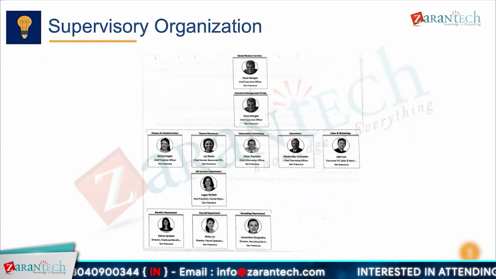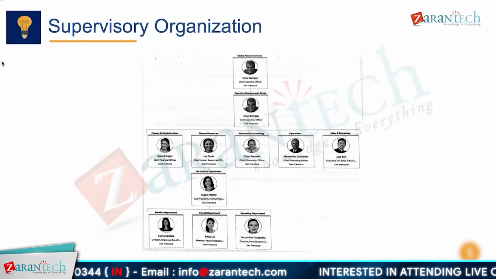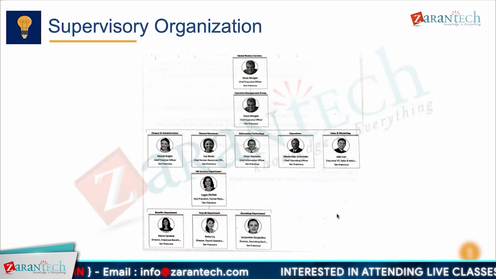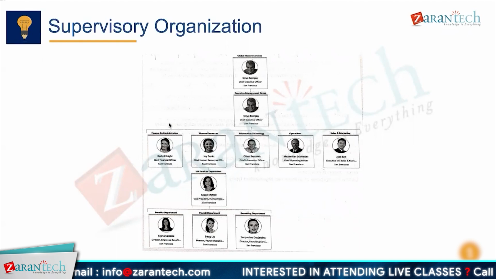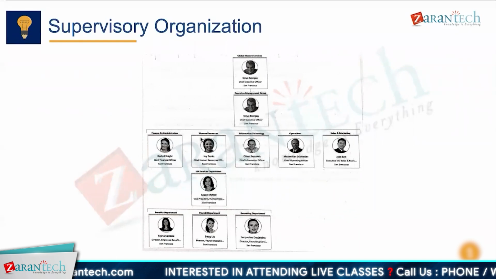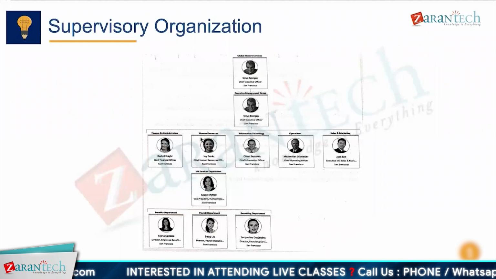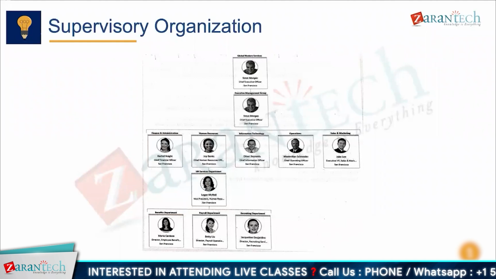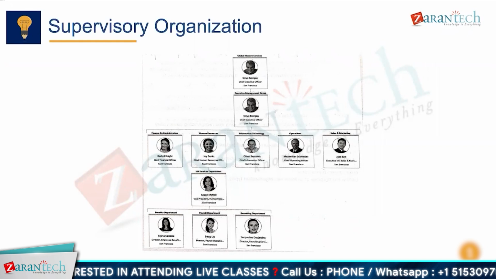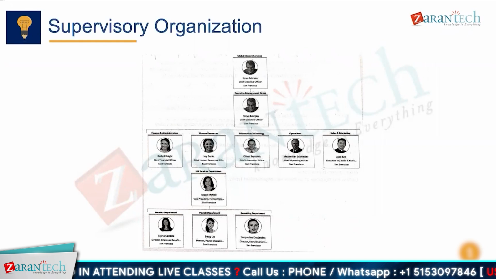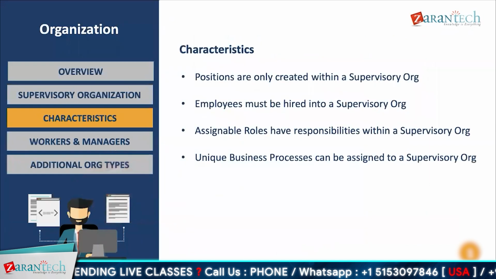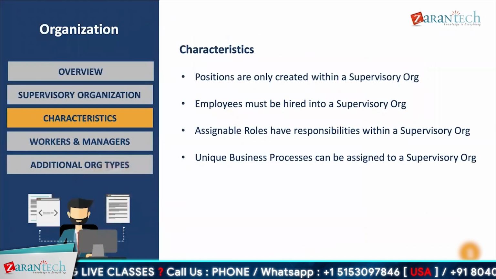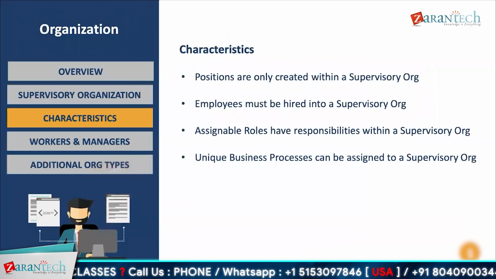Having a leadership responsibility is an option, but having a link with a supervisory organization is mandatory, because we cannot add any individual in the system without linking him or her to a particular supervisory organization. So different kinds of positions are created within a supervisory organization.